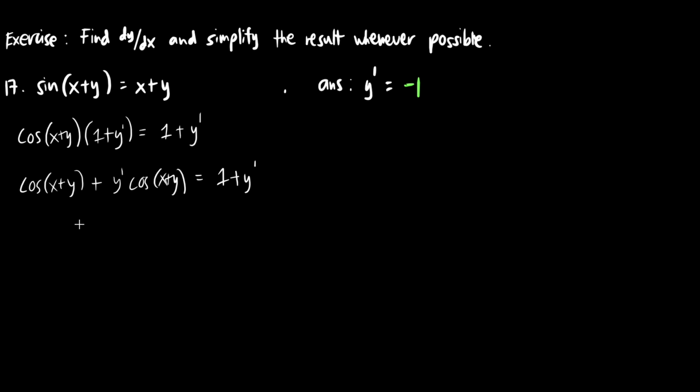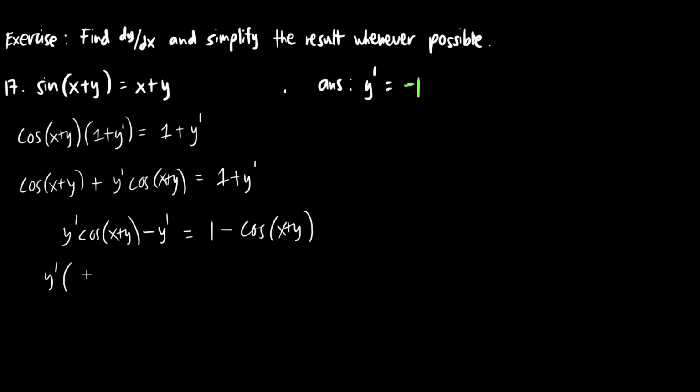So we will now isolate y prime. So we have y prime cosine of x plus y minus y prime is equal to 1 minus cosine of x plus y. So we'll now factor y prime out.